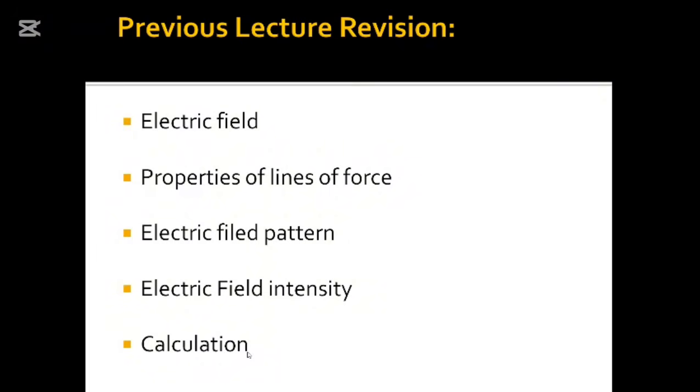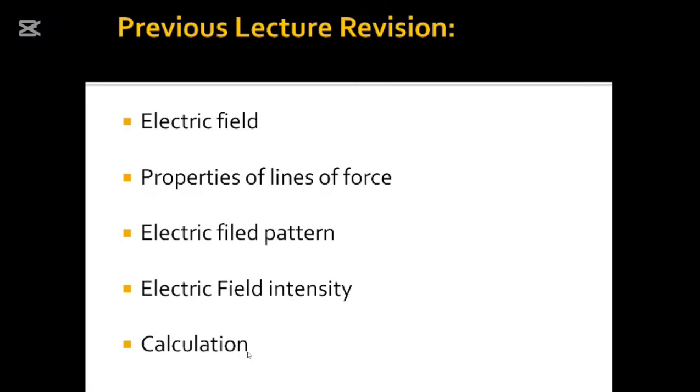Now, properties of lines of force. We treated this very well in our previous class, so you can visit that lecture for proper coverage. This is just a revision. We said that lines of force originate from positive charges and terminate at negative charges.